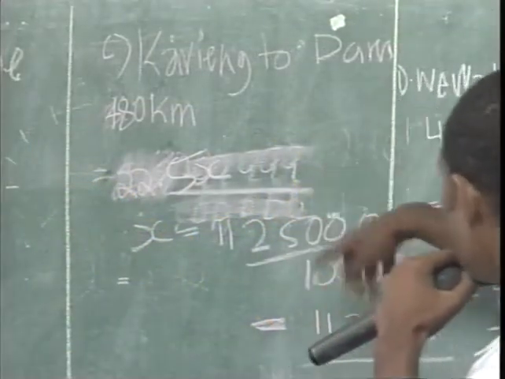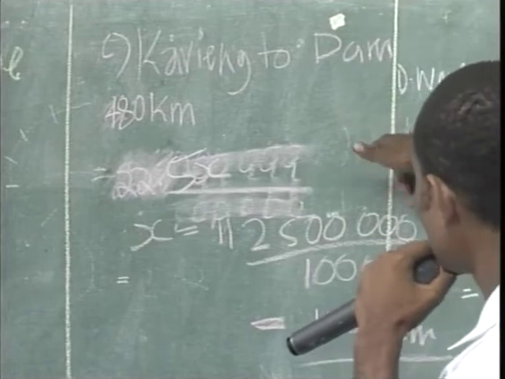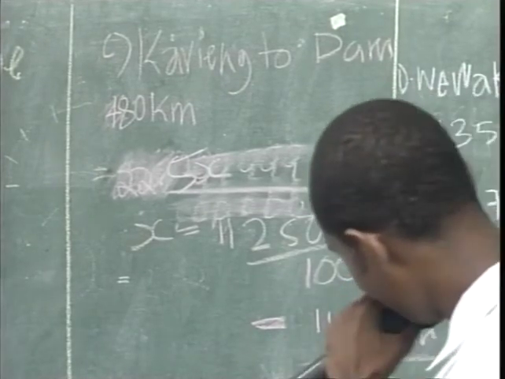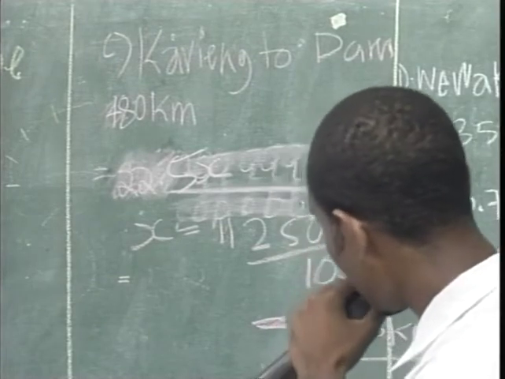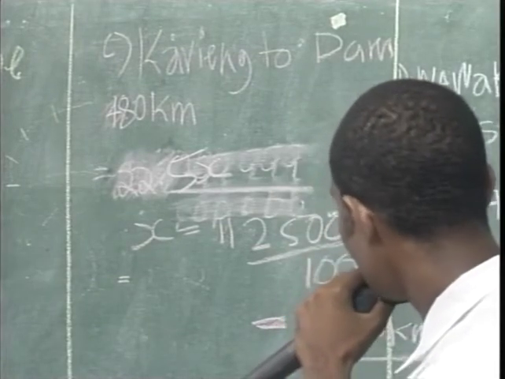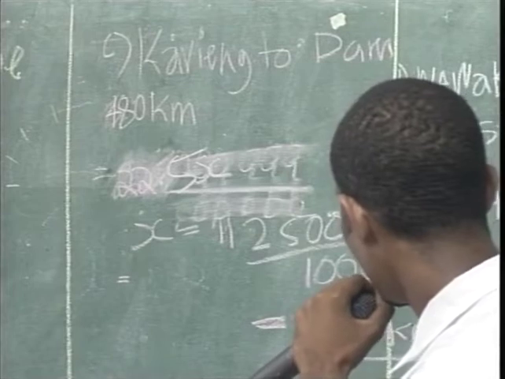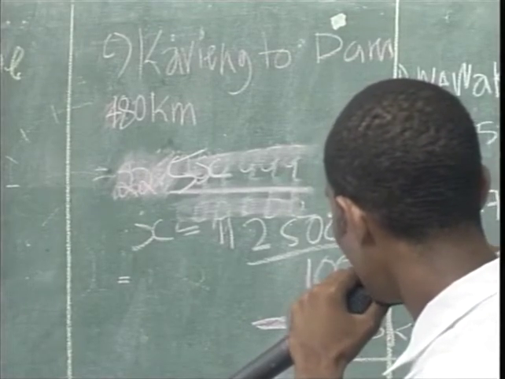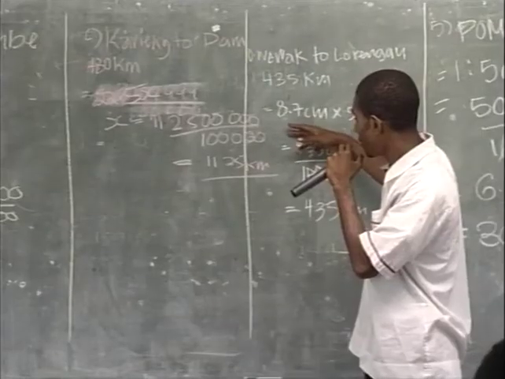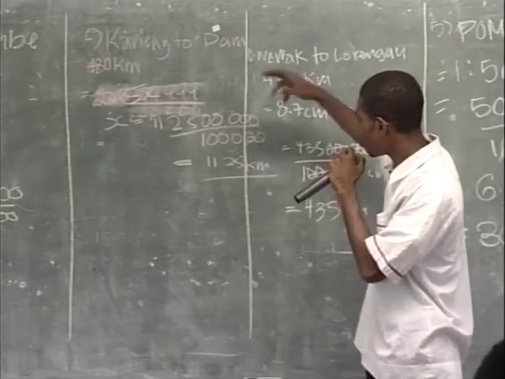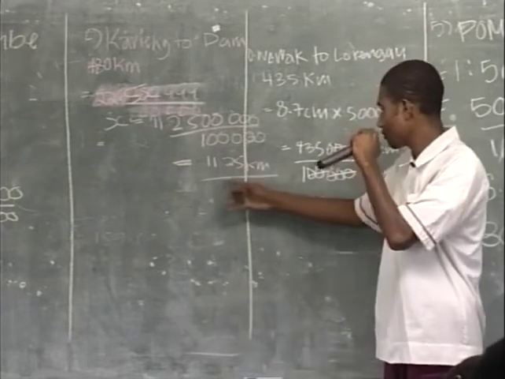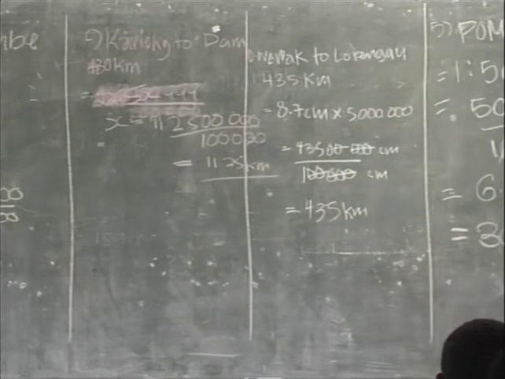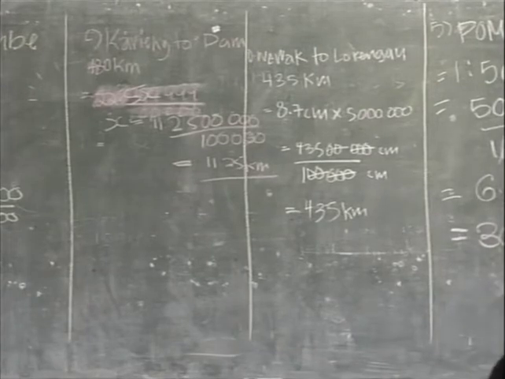How I got my answer, the question, Kavieng to Daru, I got 22.5 centimeters multiplied by 5 million divided by 100,000, and I got 1,125 kilometers. Sorry. Okay, we check that answer.